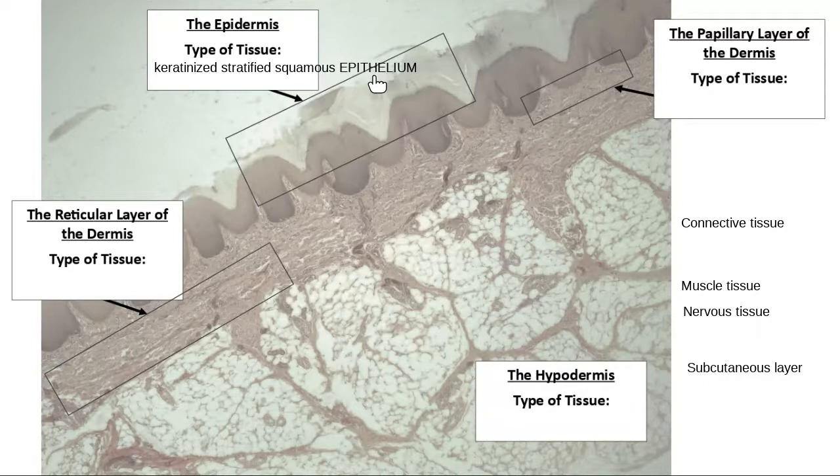The epithelial tissue that covers the outside of you, that makes up the epidermis, it's called stratified squamous. Let's start with this stratified word. What does this stratified word mean when we say stratified squamous?